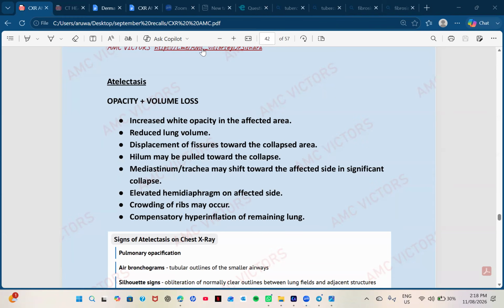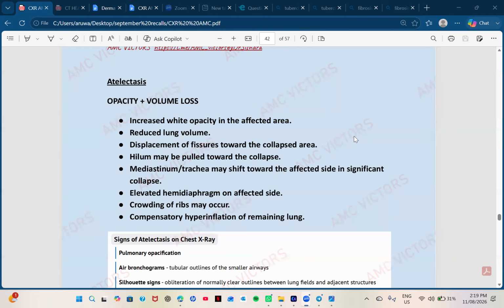Other than that, less commonly due to foreign body or external compression, but mainly post-operative. What are the symptoms that you can see in atelectasis? Dyspnea, tachypnea, hypoxemia, cough, right? If it is very small, it can be asymptomatic.